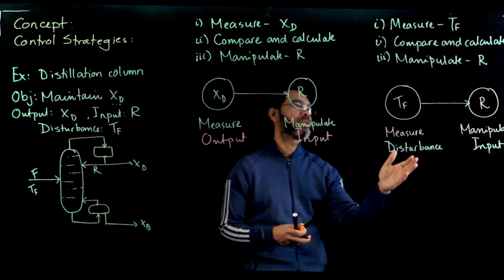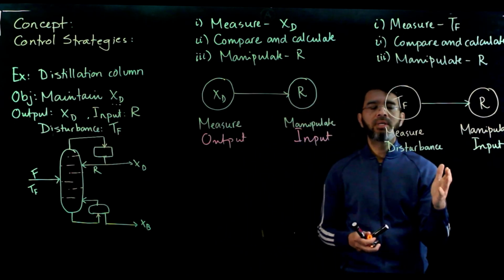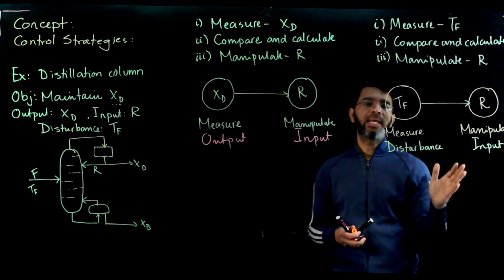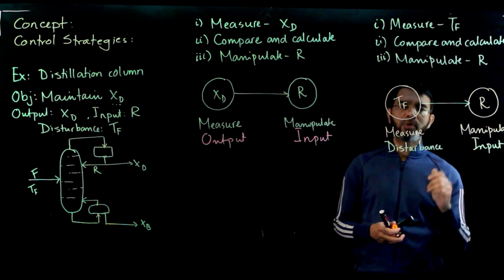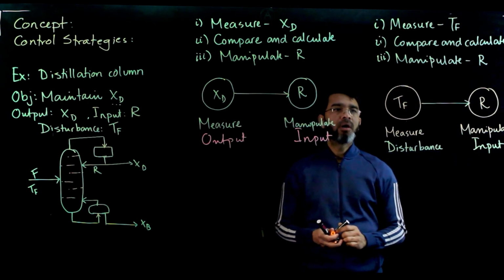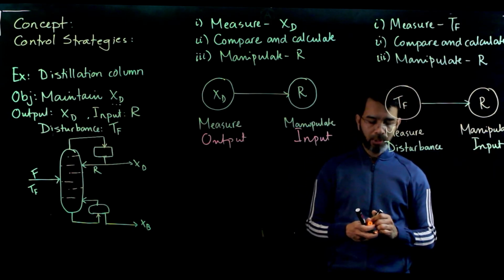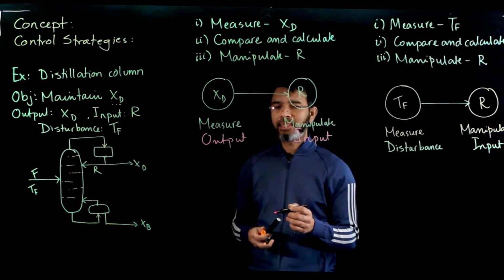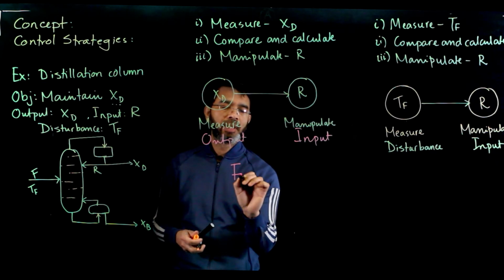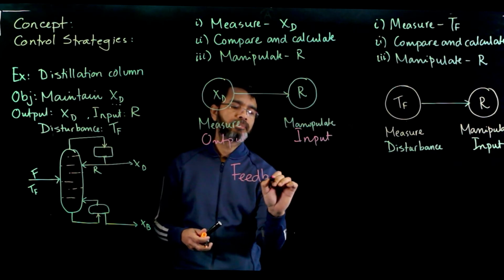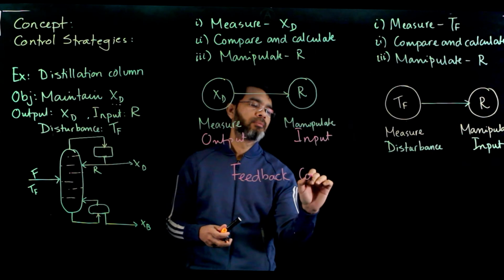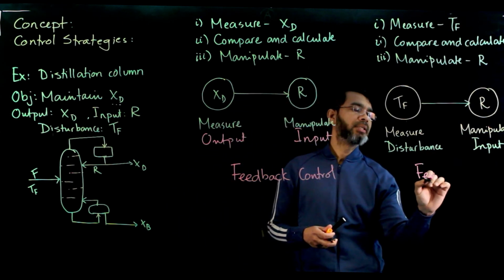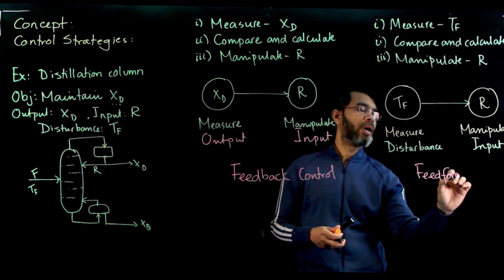For the second case, the disturbance is entering the process, so you measure the disturbance, and before the output changes, you send the information to the process ahead of the change, so that the controller can take some action. So these are two control strategies. The first is called feedback control. The second is called feedforward control.